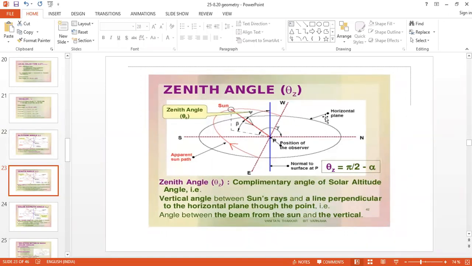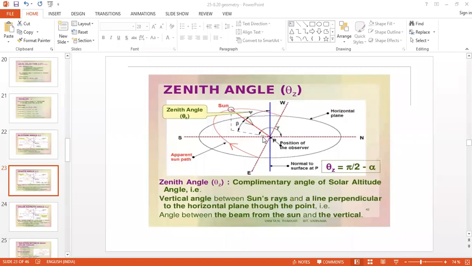So we are taking the horizontal plane, the sun's rays and the position of the observer. This is the normal surface. The normal surface name is P. The sun's rays will beam on a plane or on the ground.